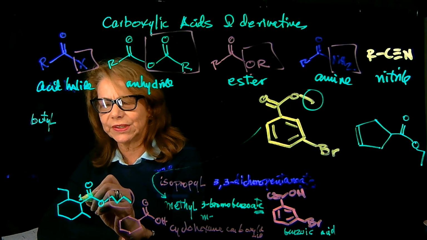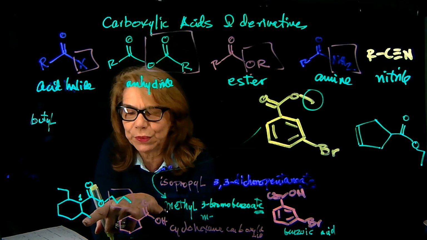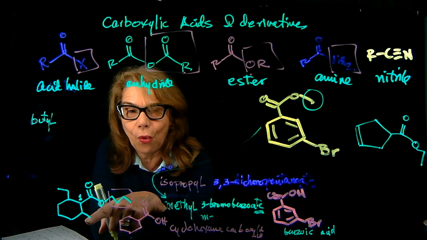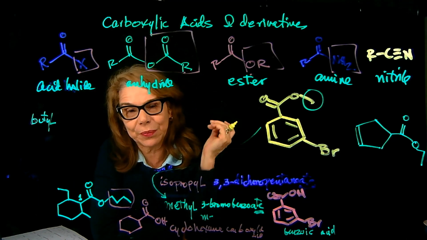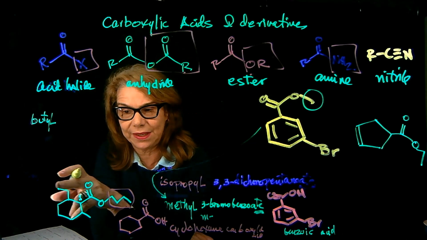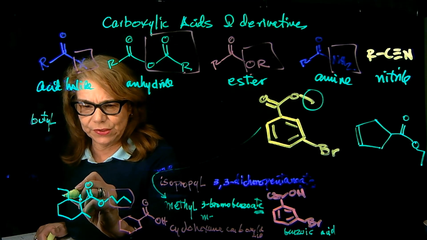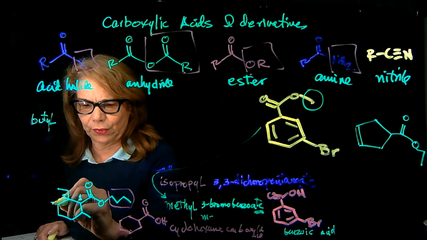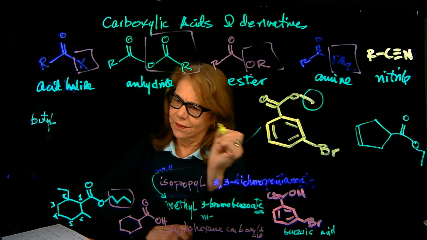Now the question is, do I number going down here and put the number 2 for the methyl, or to this side? Because it's identical, I'm going to assign that priority alphabetically. So ethyl goes before methyl. So I'm going to say this is carbon number 2 in the ring, 3, 4, 5, and this is 6. Now I have that.